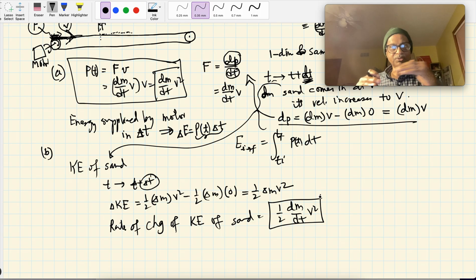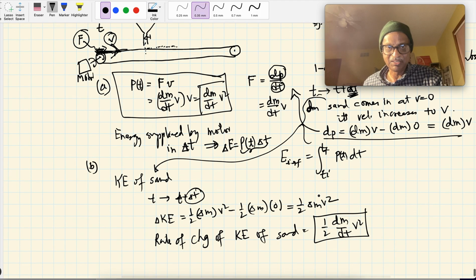It slides on the belt, and while sliding, it has some acceleration and some frictional force, and then that surface will actually heat up with time, and there's a dissipation of energy. So it's actually dissipation energy.